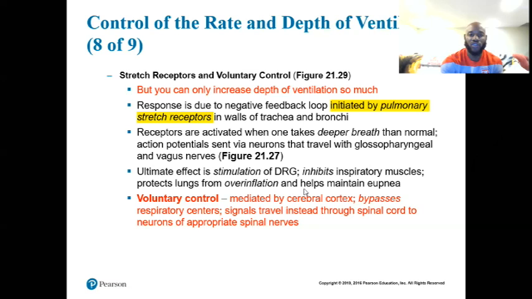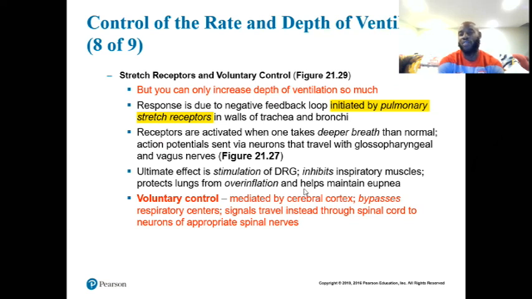You also have stretch receptors and voluntary control, which can change your rate and depth of ventilation. This is initiated by your pulmonary stretch receptors in the walls of your trachea and bronchi. They are activated when one takes deeper breaths than normal, right? But as I highlighted in red here, you can only increase your depth of ventilation by so much.